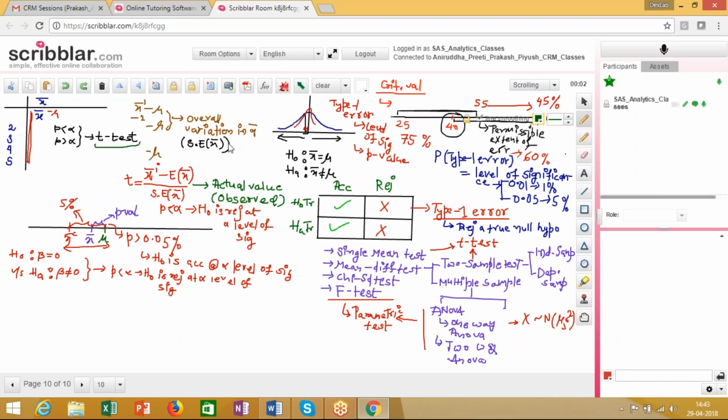And when we talk about the t-test, we will be talking about some important variations of the t-test. One of them being the one sample t-test, the other being the two sample t-test, and the next being the multiple sample mean difference test and so on.